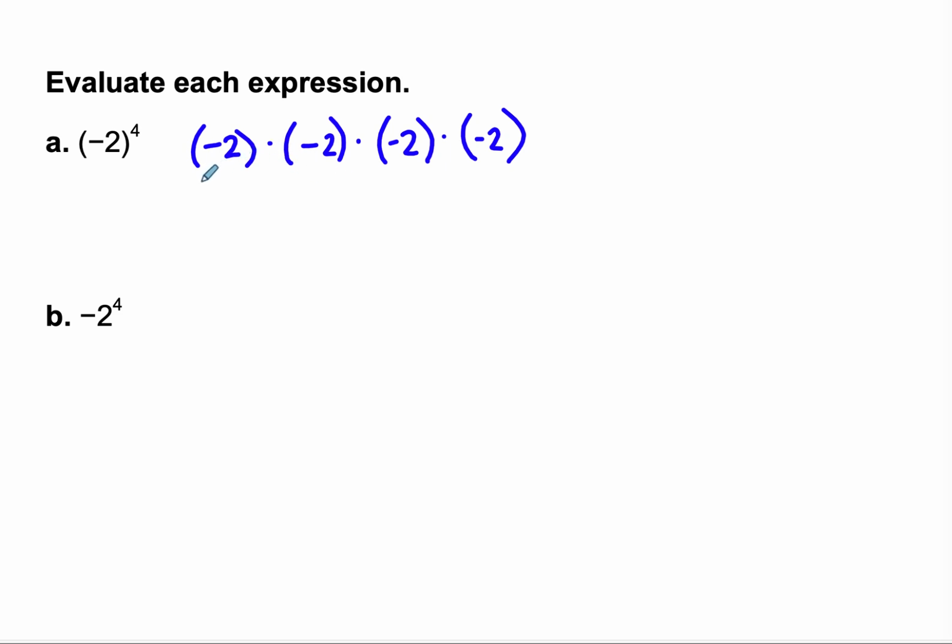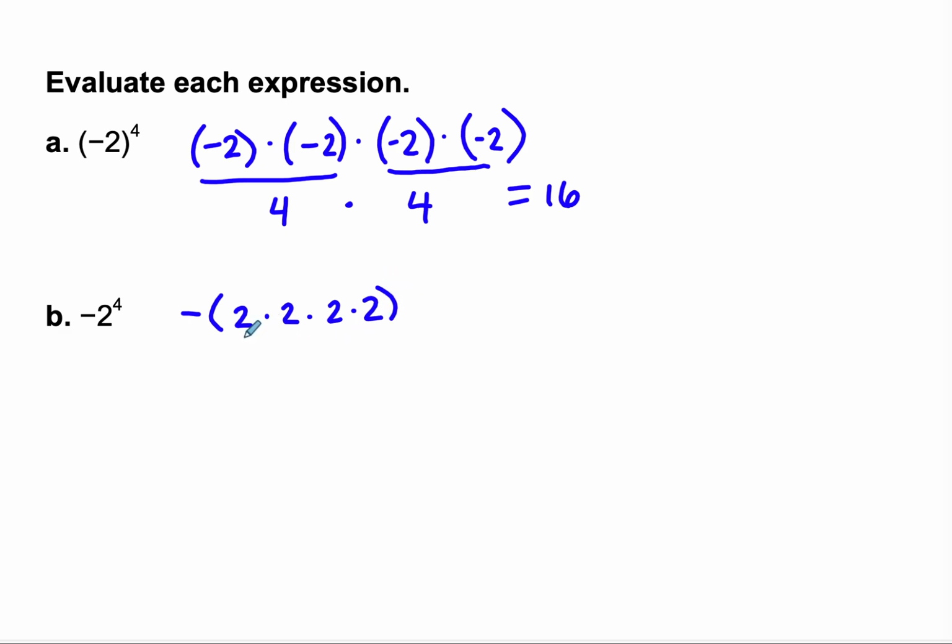All right, so let's see. -2 times -2 is +4. -2 times -2 is +4. 4 times 4 is 16. We are evaluating here without a calculator. Okay, B looks the same, but it's actually not. It's -2 to the 4th power. What that means is the negative value of 2 to the 4th power.